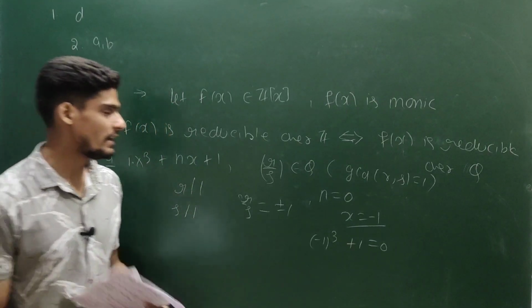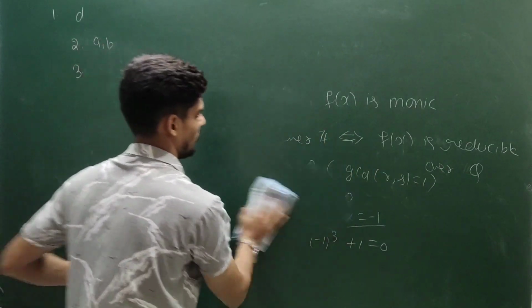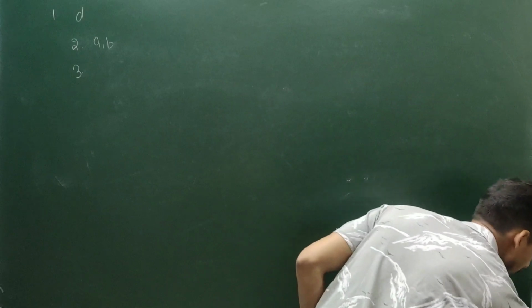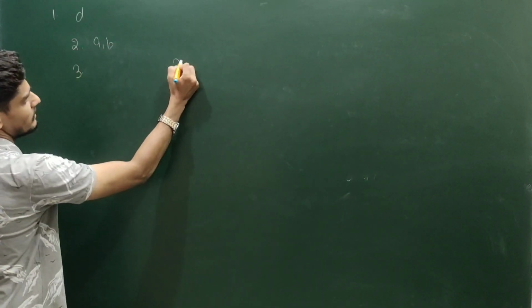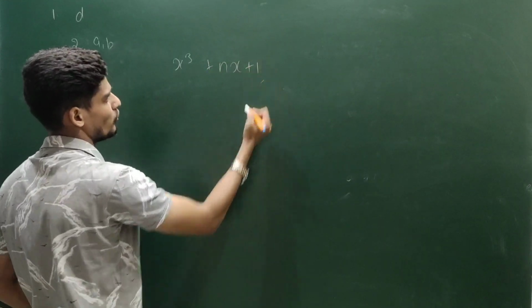Option B and C and D, let us verify the general case. Because the polynomial is the same, they are saying x cube plus nx plus 1.